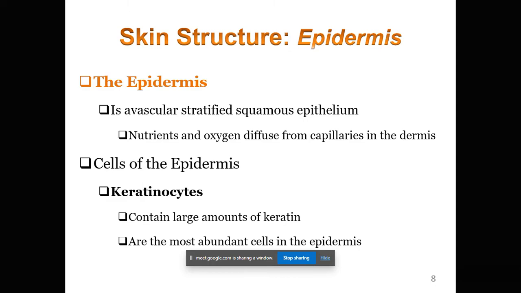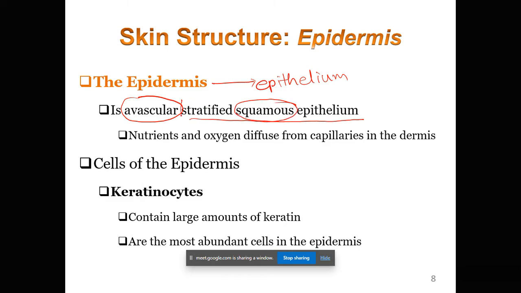So let's begin with the structure of the epidermis. As it is made up of epithelium, that's why it is avascular. What type of cells will you find? The outermost cells will be squamous in shape.